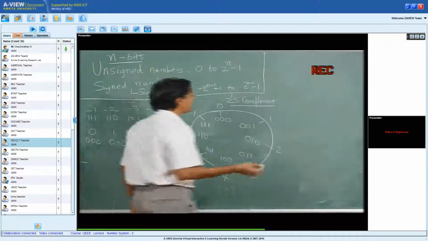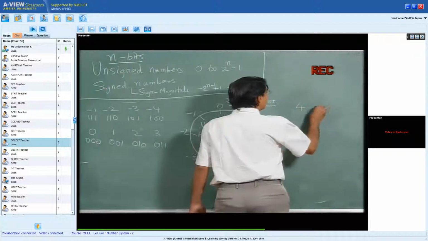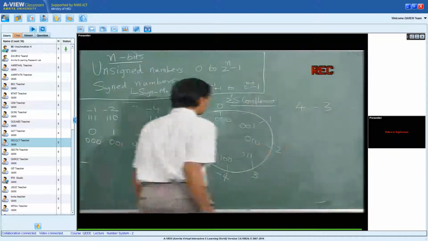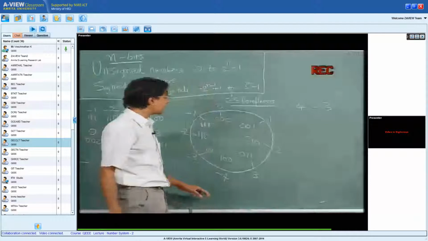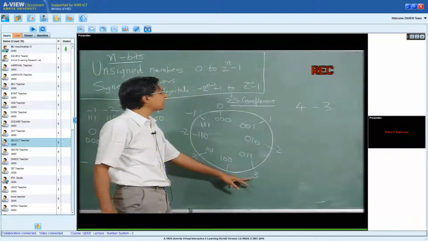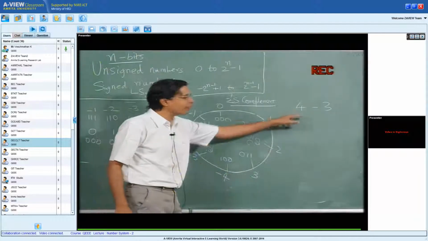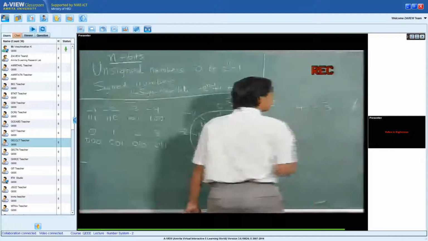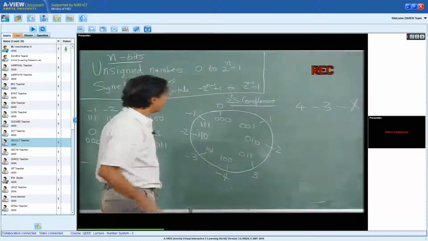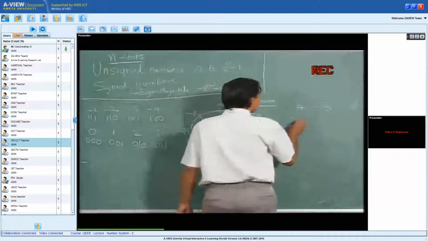Let us say 4 minus 3. Sorry, this is not possible in 3-bit arithmetic because the maximum I can represent is only 3. So 4 minus 3 is not actually possible in 3-bit arithmetic. So let me say 3 minus 2.